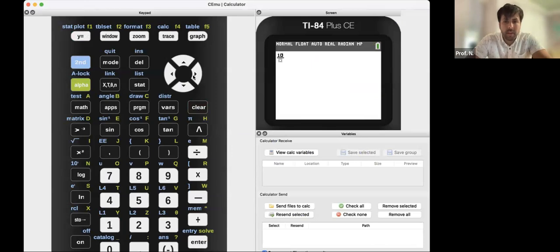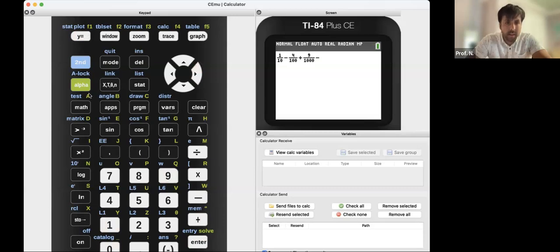I got 1 over 10. That's my first term. Then I'm subtracting 4 over 100. Then I'm adding 9 over 1,000.